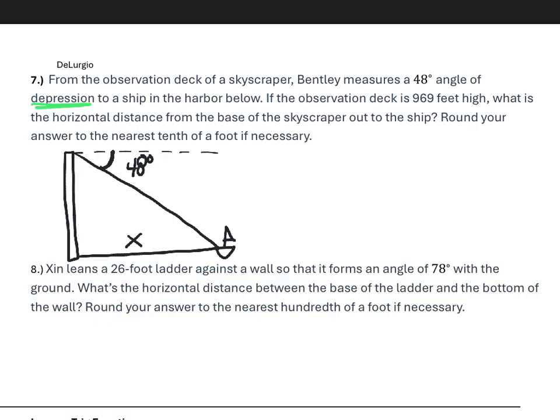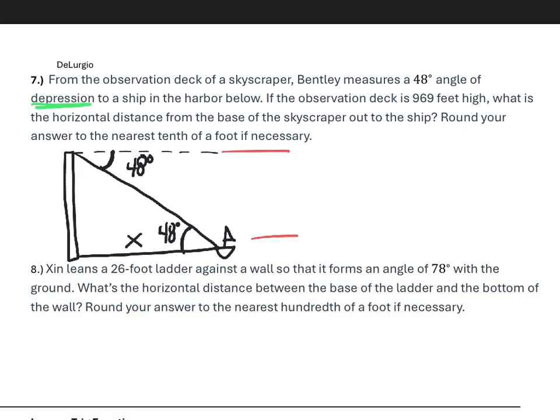Or the other thing we know is that essentially we have two parallel lines that are cut by this transversal. Do you see that? The other thing we know about that, again, going back to geometry, is that this angle down here, when parallel lines are cut by a transversal, opposite interior angles are congruent. So this is also 48. Okay?